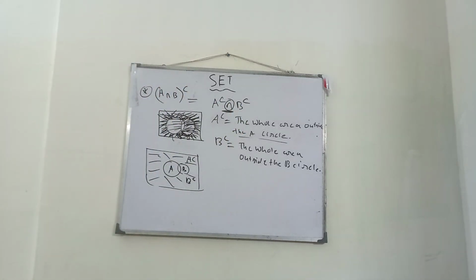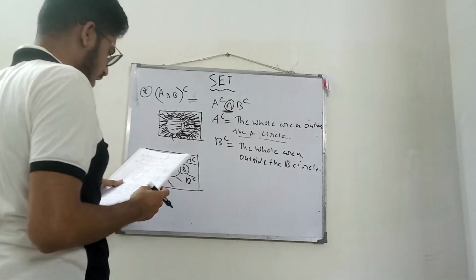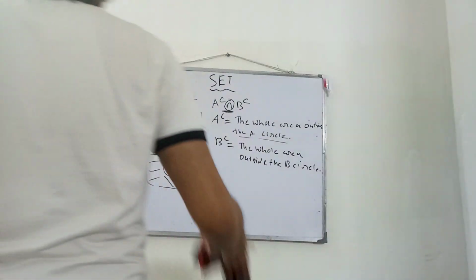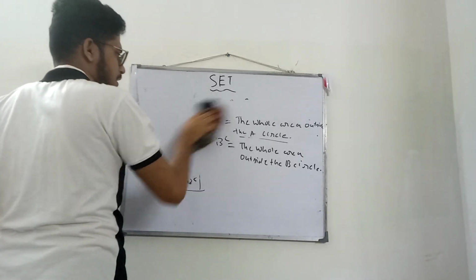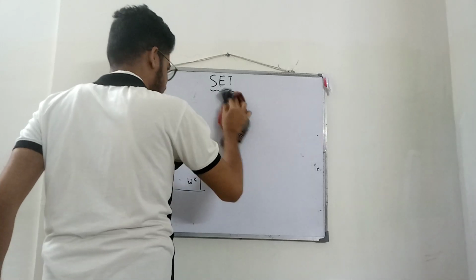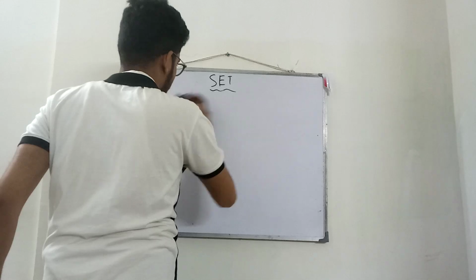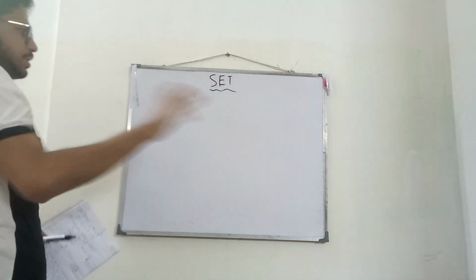Now suppose I go to the next part, which is Cartesian product of sets. Have you guys noted it? I hope you noted, because I won't tell you every time to note it down.